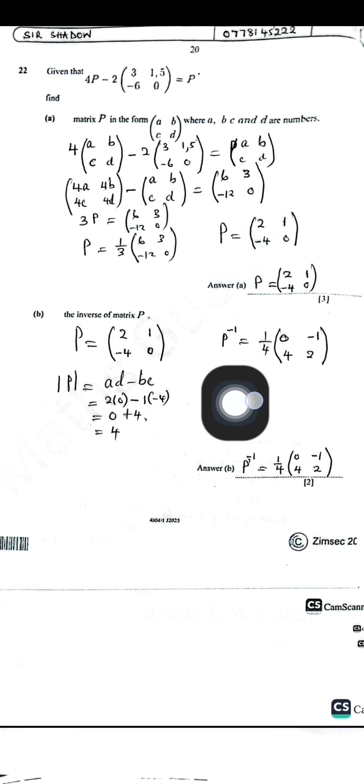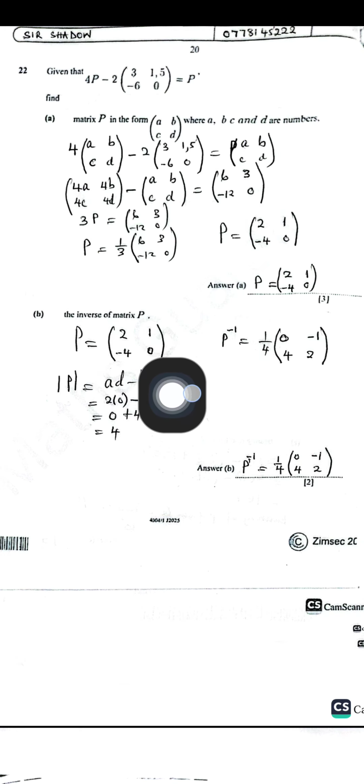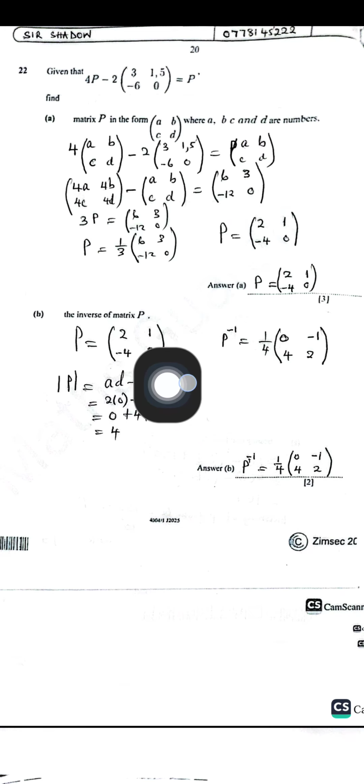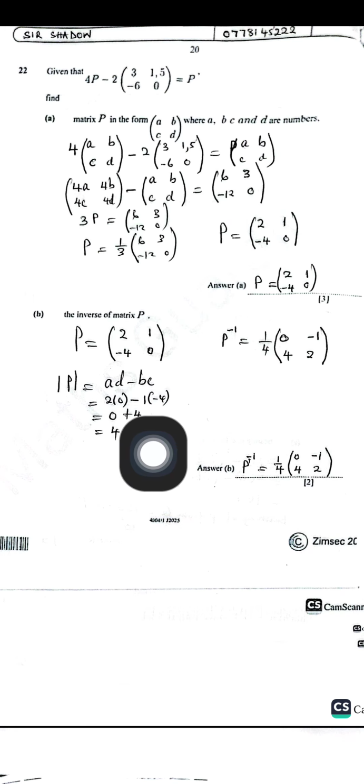Then open brackets, open matrix. Then we have 2 here, we have 0 here. These two values, we interchange them. Where there's 2, we put 0. Where there is 0, we put 2. Then the other ones here, you interchange their signs.